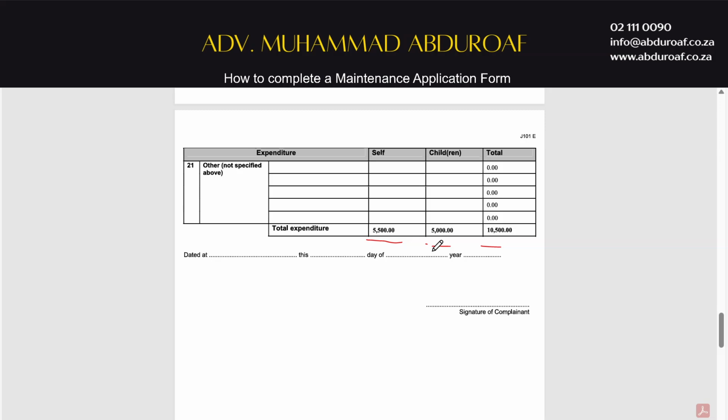So is it fair to say that the mother must use all her money for herself and for the kids, and the father only uses a portion of his money towards the minor children and also towards his wife, and he still has savings left at the end of the day? Would it not be fair if the mother also has something available in the month? So these are points which you can argue and debate in front of the maintenance officer and in the maintenance court. And then the court will obviously make a decision as to what's fair under the circumstances.